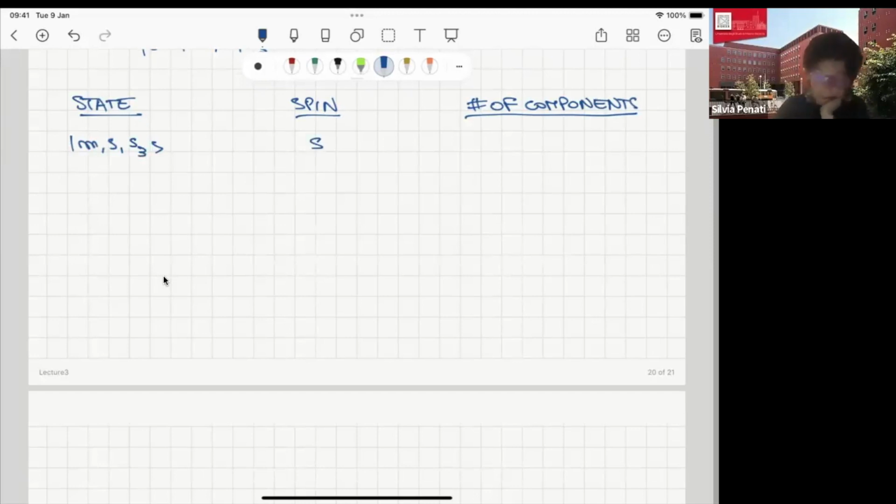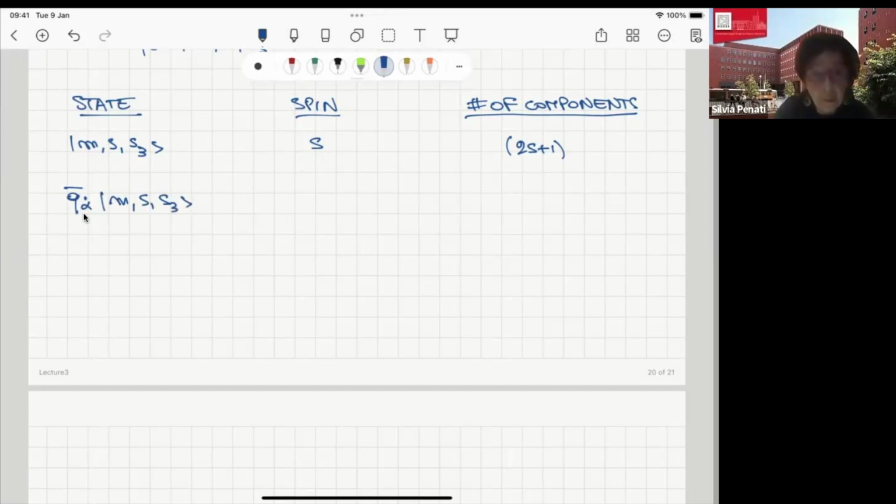The spin is S, and of course, originally the number of states is 2S plus 1, because we have 2S plus 1 possible projections of the spin. Good. At this point, I can act with Q bar alpha dot, which could be Q bar 1 dot or 2 dot, applied to this state.